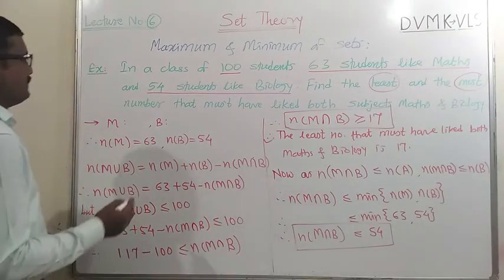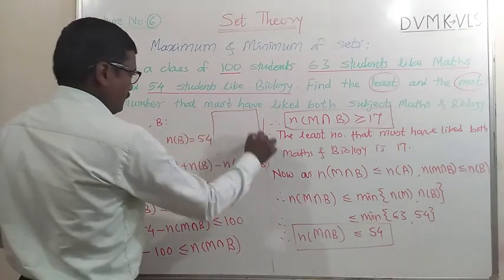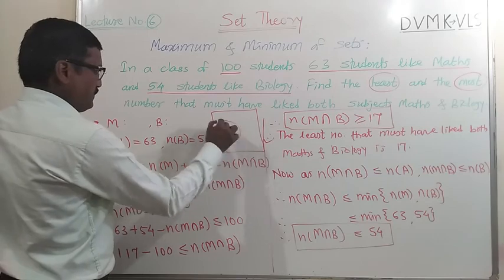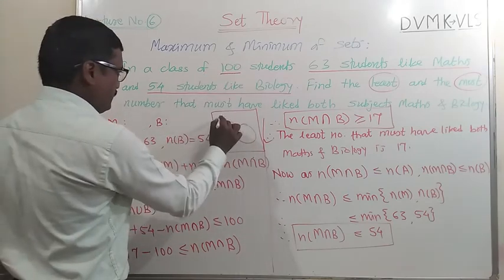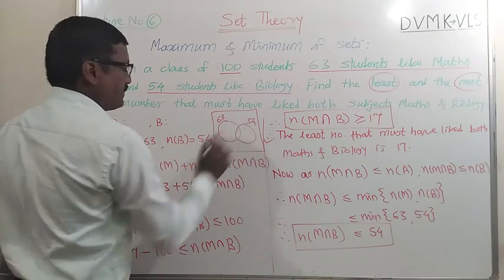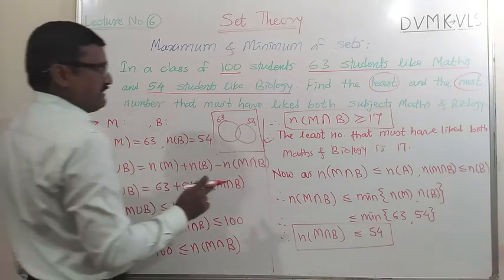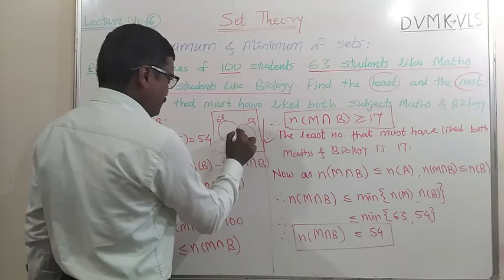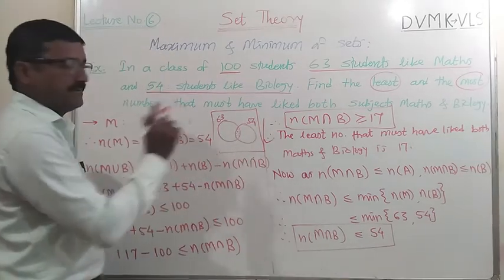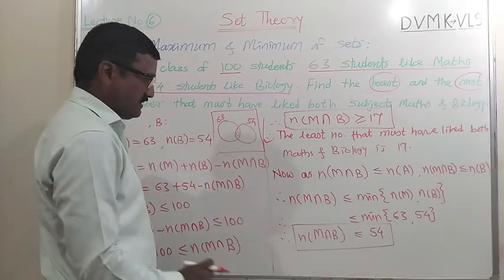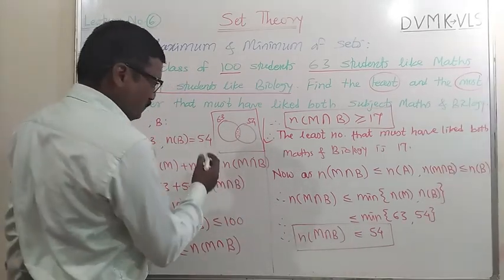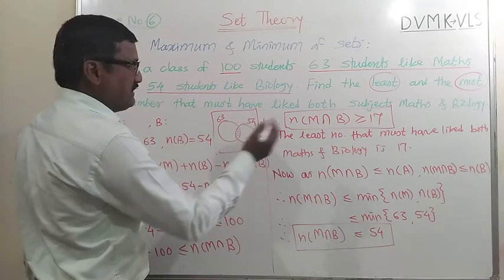Okay, so if you see the diagram for this, there are some elements from this set and this. Total students are 100, but out of that 63 like math and 54 like biology. So there are at least 17 students who like both subjects, math and biology, and 54 is the maximum number who like both math and biology.